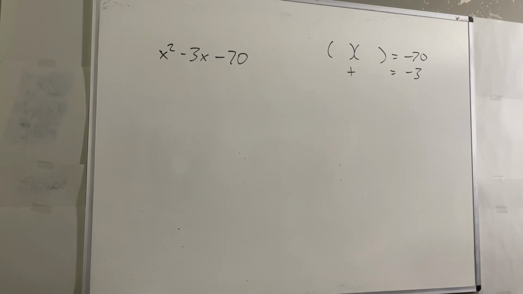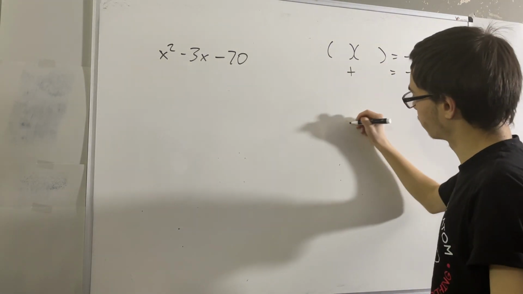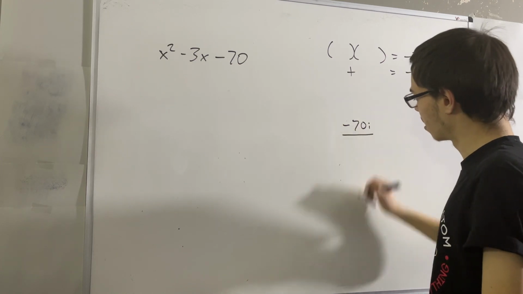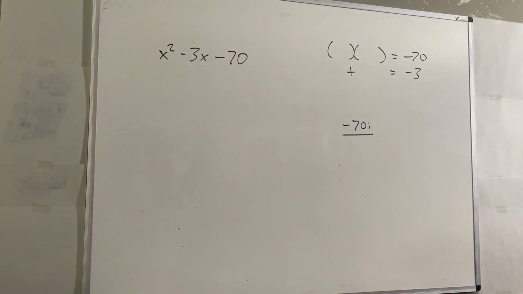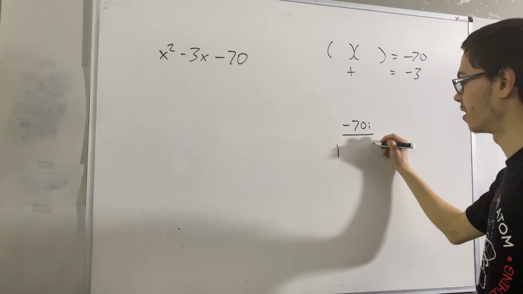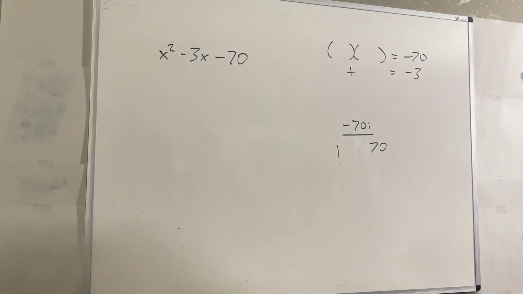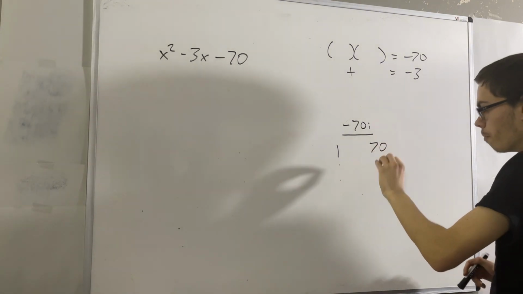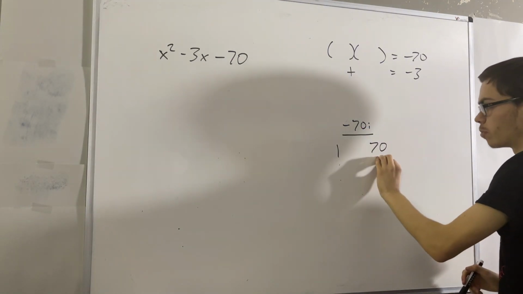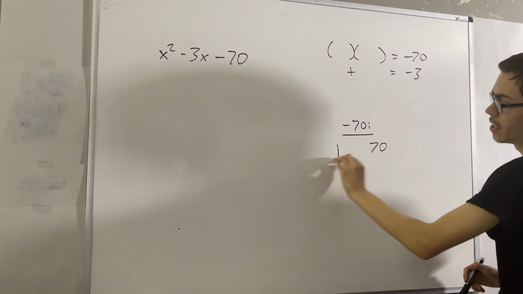Okay, so in this case, we're thinking of factors of -70. Well, the first pair we would automatically consider is 1 and 70, right? Now remember, since these two numbers must multiply to make a negative number, one of these numbers has to be negative.